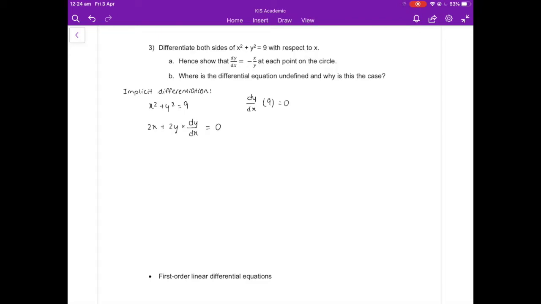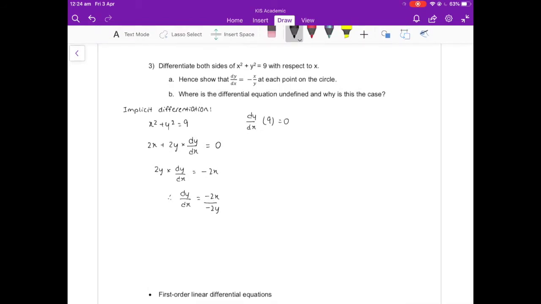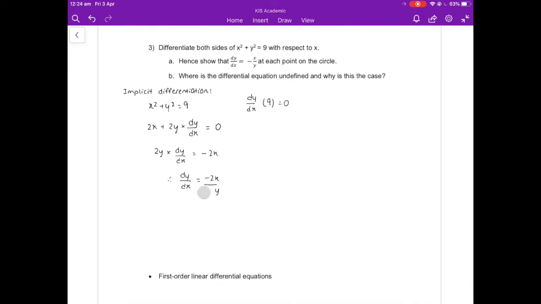So that's what we get. Now, show that dy/dx equals minus x over y. So I'm just going to rearrange that. 2y times dy/dx equals negative 2x. Therefore, dy/dx equals minus 2x over... sorry, not minus, just 2y.